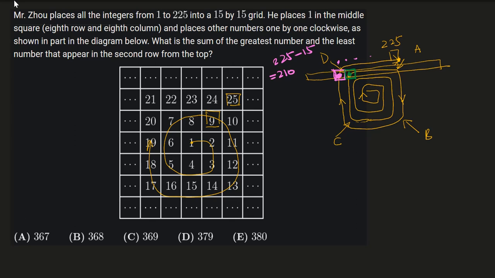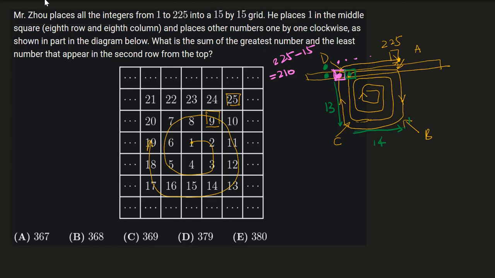Since we know that the number in the pink square is 210, in order to go all the way down to the bottom, we need 13 numbers, because there are already 2 on the top, that is this number and this number. So there are 13 numbers here. And then there are another 14 numbers in this direction. We have 14 numbers up to here.